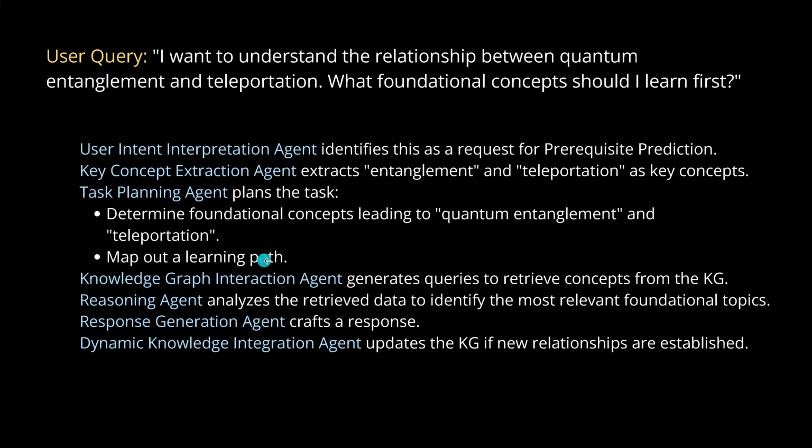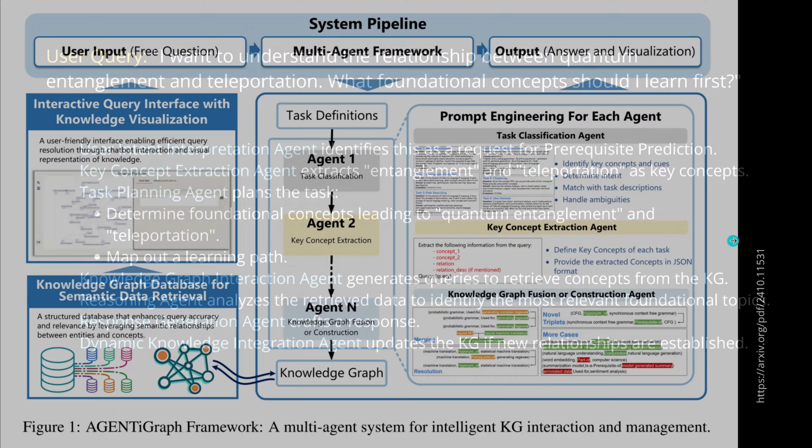The knowledge graph interaction, you get it. It generates some SPARQL queries or Cypher queries or whatever to retrieve concepts from the knowledge graph. And the reasoning agent analyzes the retrieved data to identify the most relevant foundational topics, and the response generation agent crafts the response, and then the dynamic knowledge integration agent updates the knowledge graph if we discovered some new relations that are not established in the knowledge graph.